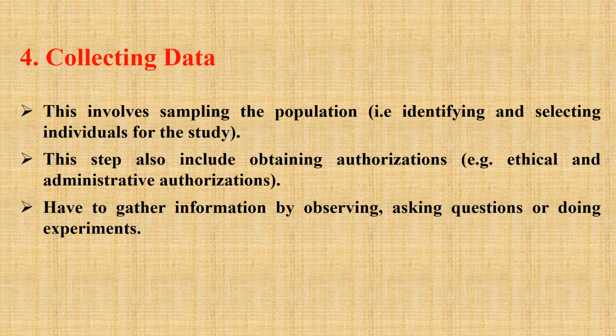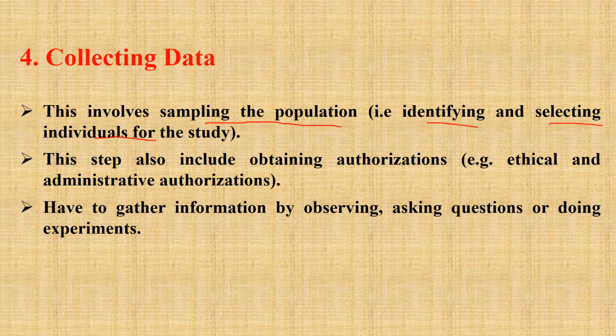Now, after you should have done this, you now get into the section for collecting your data. This involves sampling the population, that is identifying and selecting individuals for the study. So this is where you have to select which individuals, which criteria should be respected for an individual to be included in your research sample group, okay?